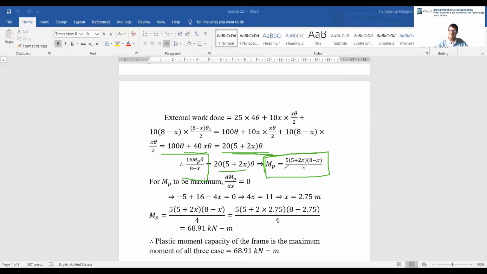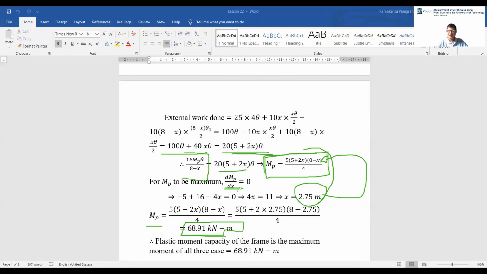So for MP to be maximum, dMP by dx equal to 0. I will put dMP by dx equal to 0 and you will try to solve it. You will find the x value. So x comes out to be 2.75 meter, which is less than 8, between 0 to 8. Now again put this value 2.75 in this equation. Go back to here and put it here again. And you will find 68.91 kilonewton meter.